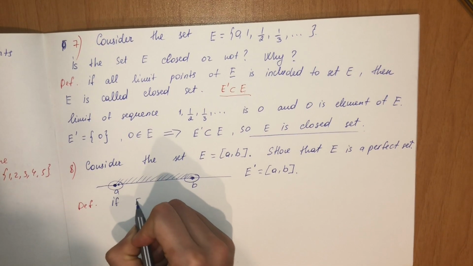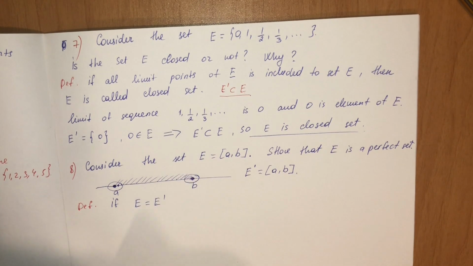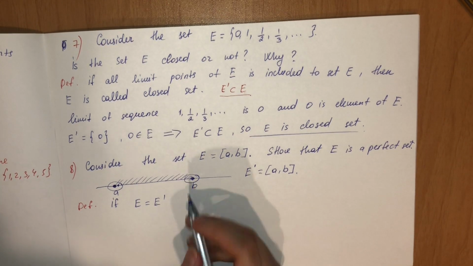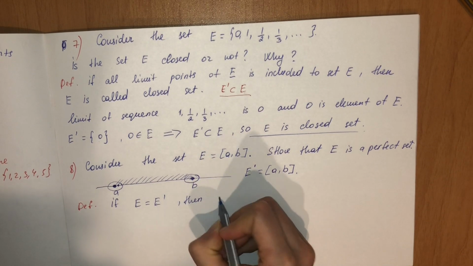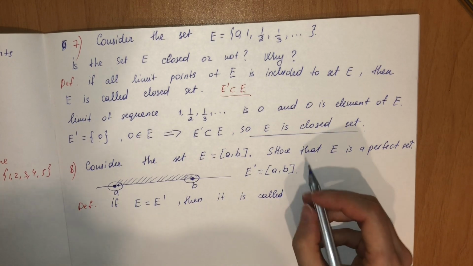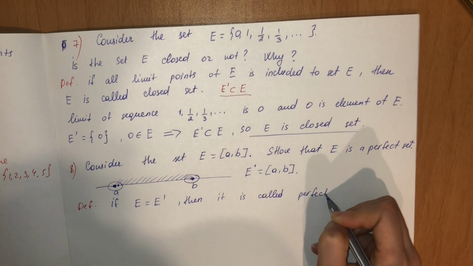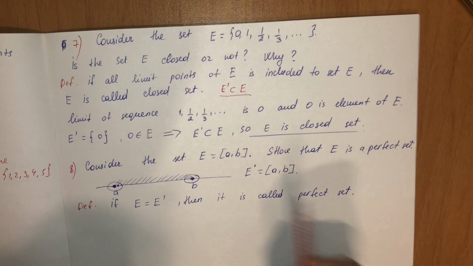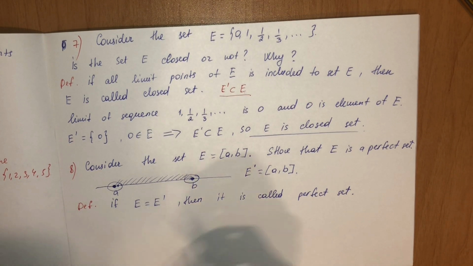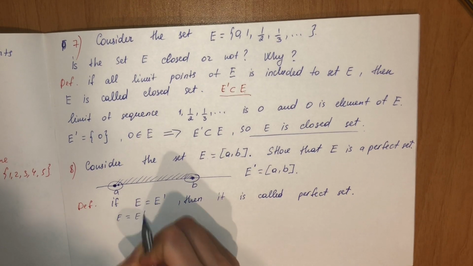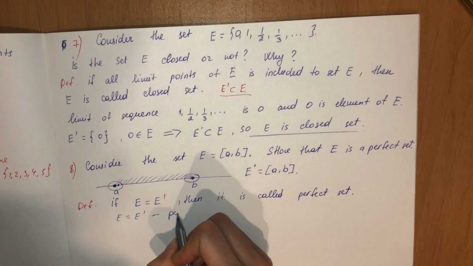If E is equal to E prime, what does it mean? If all the elements of the set are limit points of this set, then it is called a perfect set. And in our example, it is clearly seen that E is equal to E prime, so it is a perfect set.